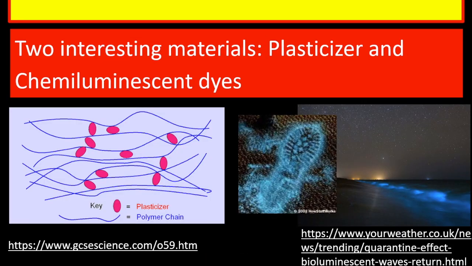So let's look at glow sticks again, thinking about the materials involved in the glow stick themselves. There are two interesting materials I thought we could discuss. One is the plastic. When you think of plastic, you probably think of polymers, and the glow stick is made from plastic, so it's made of polymers.